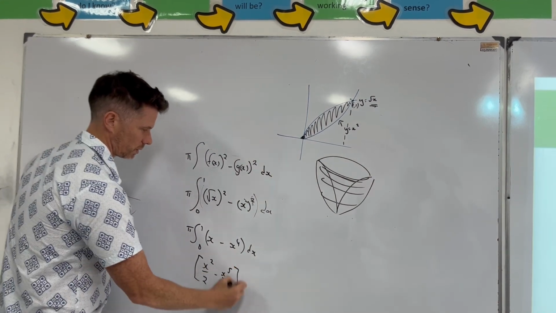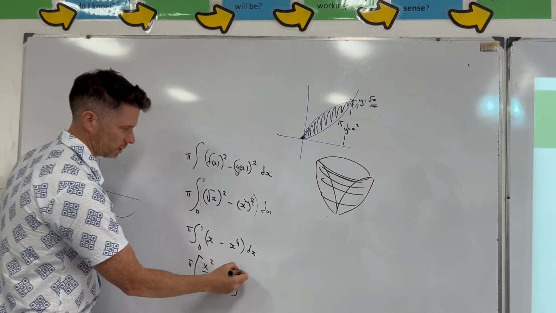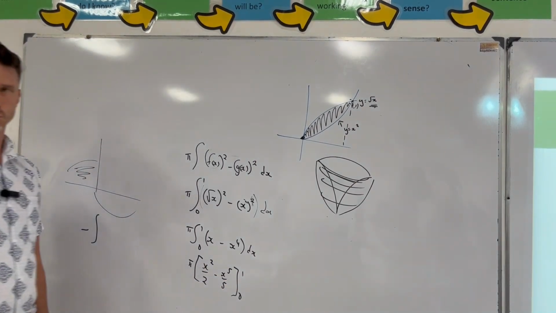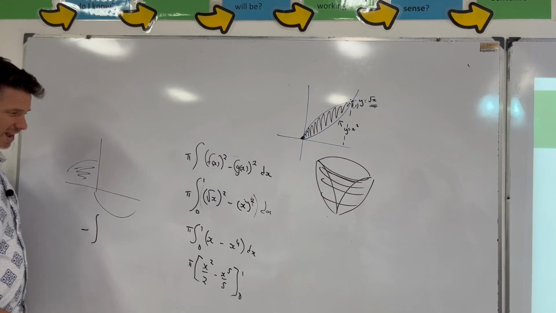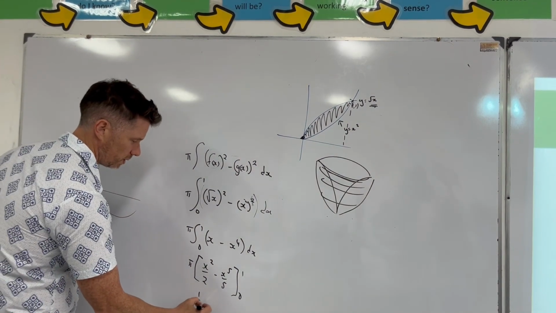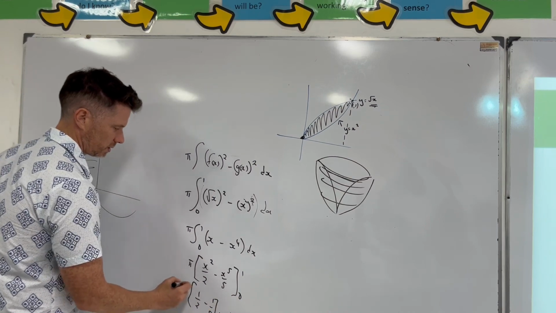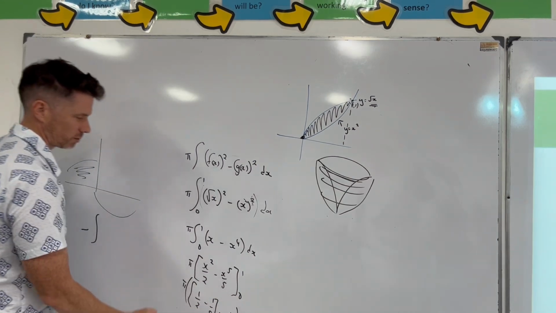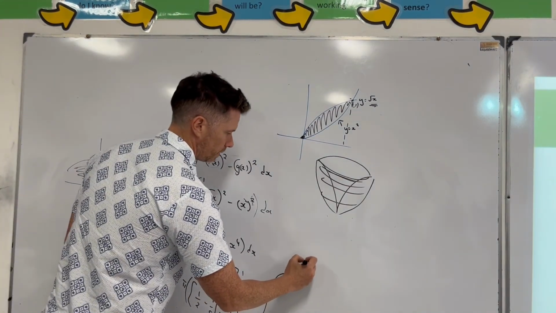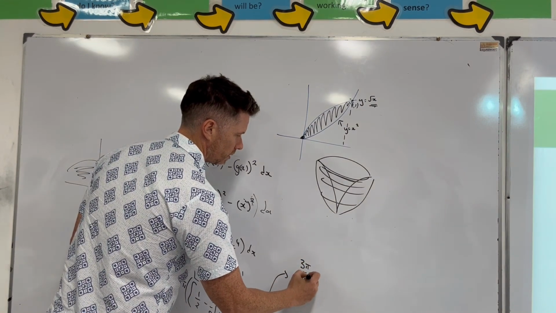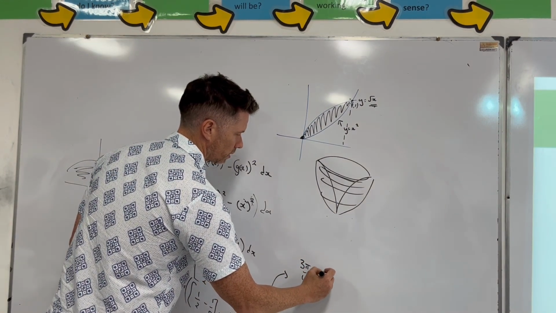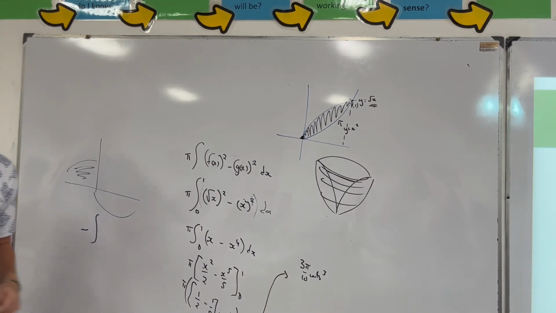And I'm going to deal with the pi at the end. And sub in 1, sub in 0. This one's quite straightforward. I have a half minus 1/5 minus 0, I think, which is 3/10. 3 pi over 10 units cubed, because we're dealing with volume.